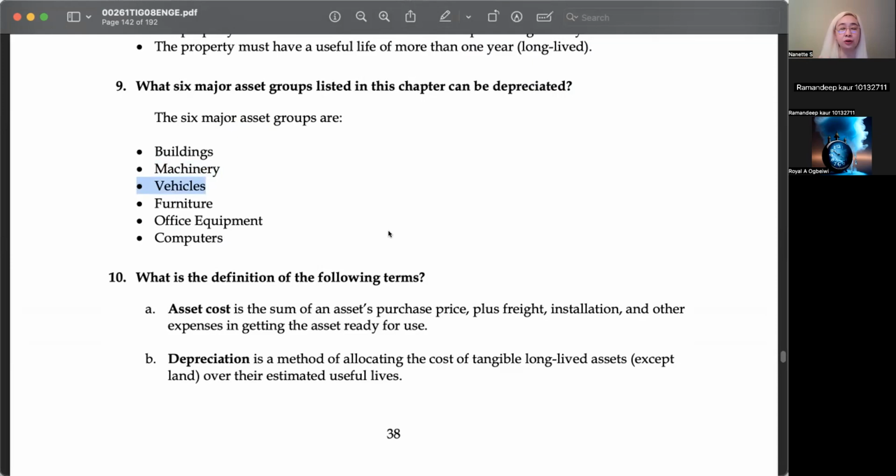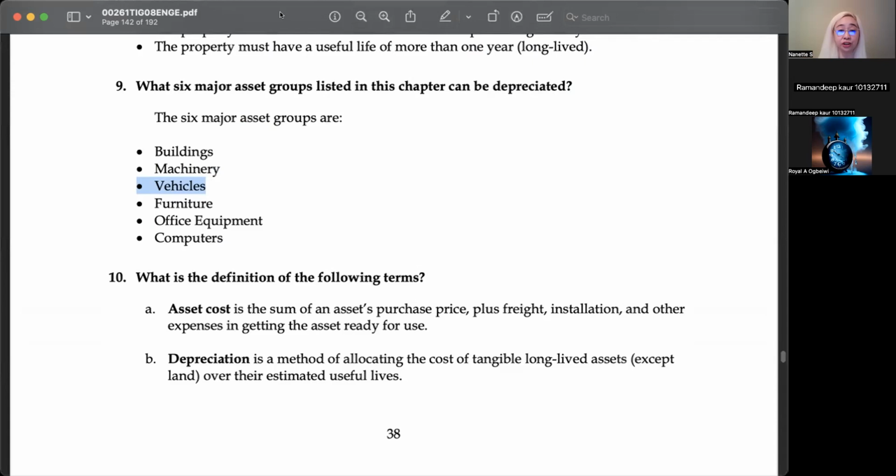So this is also considered as an asset of the company. So how do you know if a vehicle is for personal use or for company use? So you have to put the name of the vehicle under the business owner or under the name of the partnership or under the name of the corporation. Then you know that the vehicle is an asset of the company.